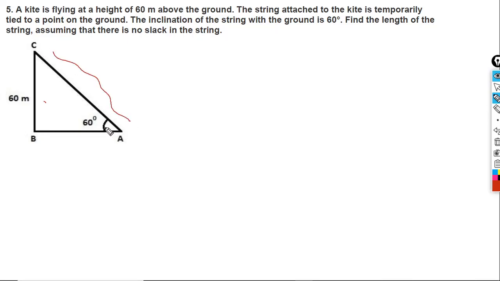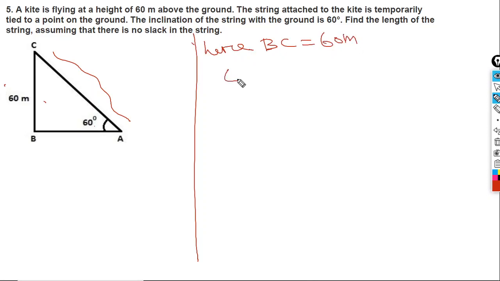Now if you can find sine 60, then it will be BC by AC, so that we can find the length of AC. We will do that in this way. Here BC equal to 60 meter, angle A equal to 60 degree, both are 60.